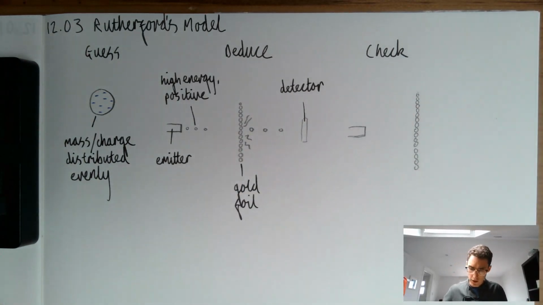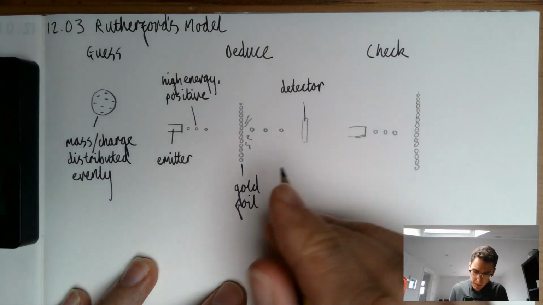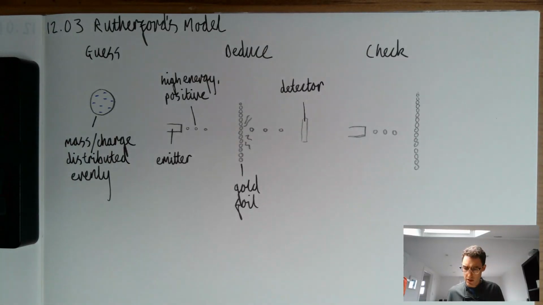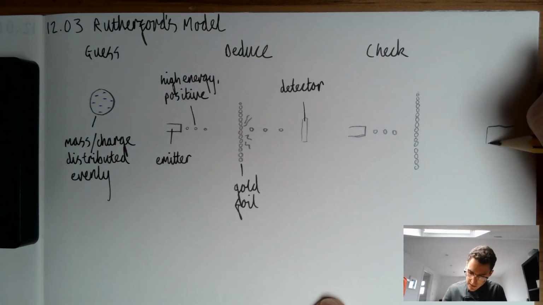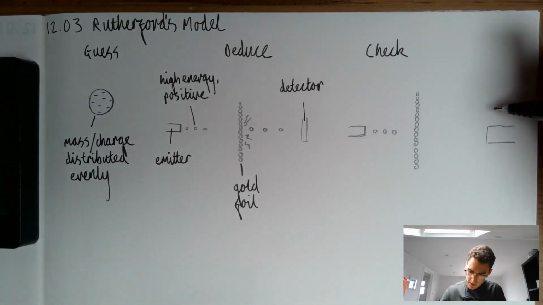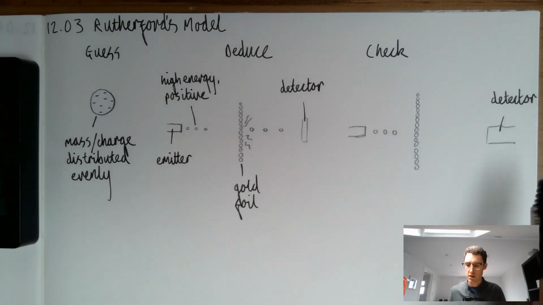If we've got our gold foil here and our alpha particles are being fired out here, they expected them all to just go straight through, but what actually happened was, well, they had a detector here. They had a detector here, and most of the alpha particles were detected over here.